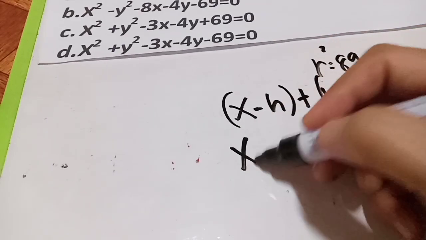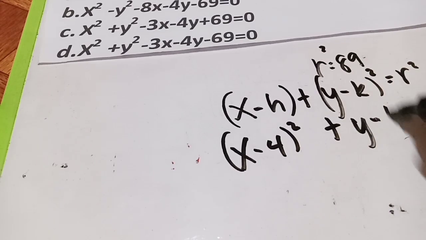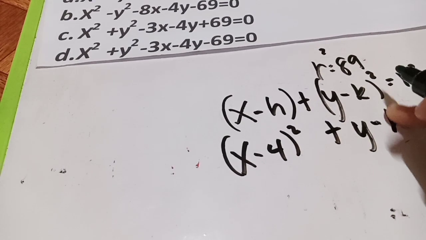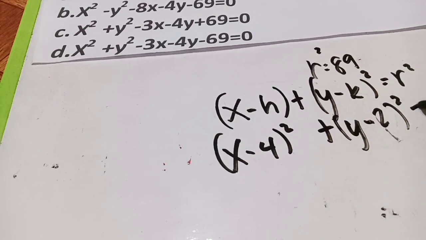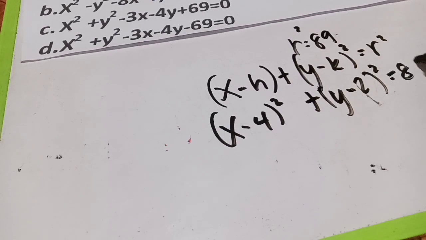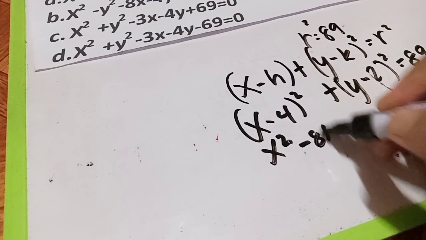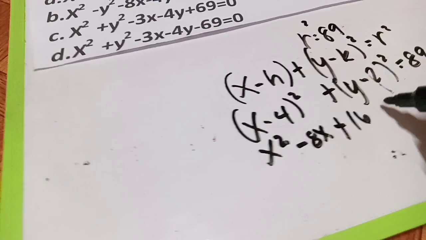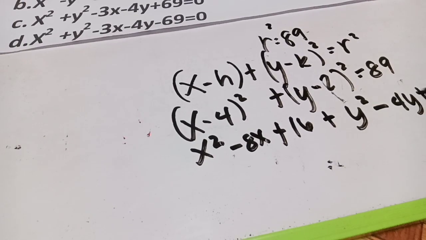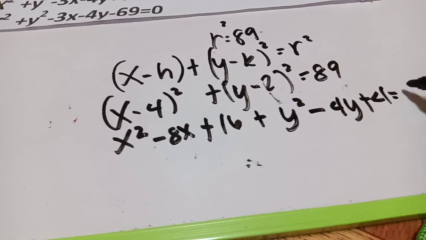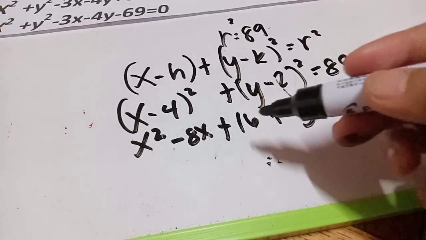After that, substitute: x minus 4 squared plus y minus 2 squared equals 89. Then we expand: x squared minus 8x plus 16 plus y squared minus 4y plus 4 equals 89. So what you will do is to combine everything.